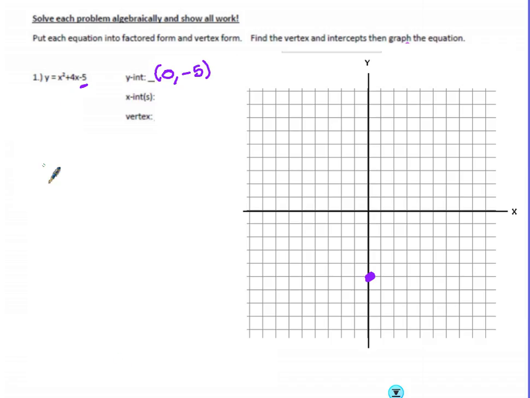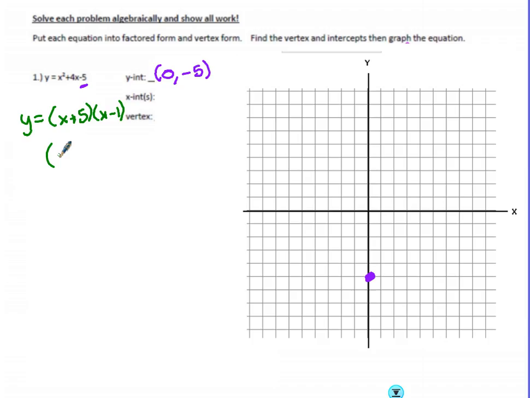This equation factors nicely, so we can get factored form relatively easily. y is equal to x plus 5, x minus 1.